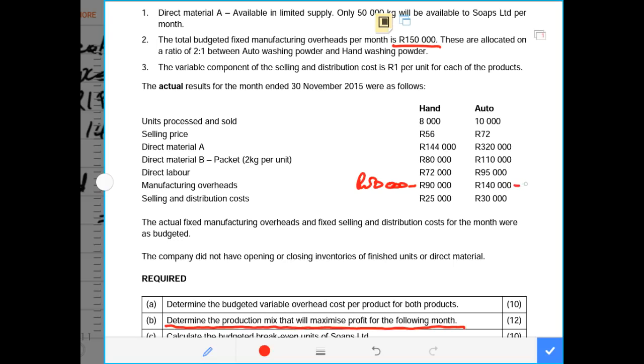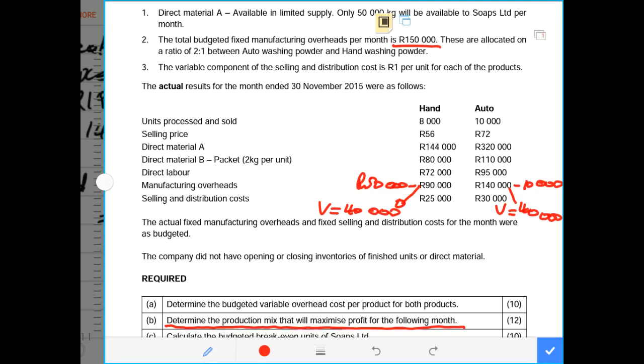And there is also 100,000 fixed under auto. So the actual variable portion that will remain will be 40,000 rands for each. This is the variable cost. It will be 40,000 rands, because 140,000 minus 100,000 gives 40,000, and 90,000 minus 50,000 gives 40,000. So the actual variable cost were 40,000 for both products.